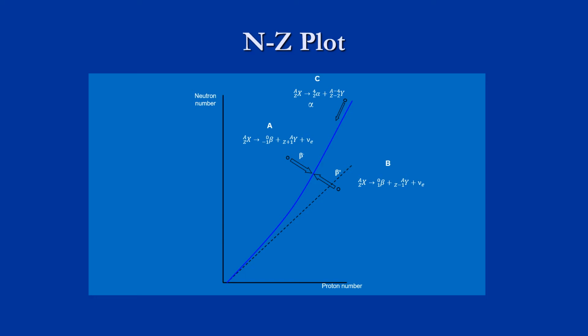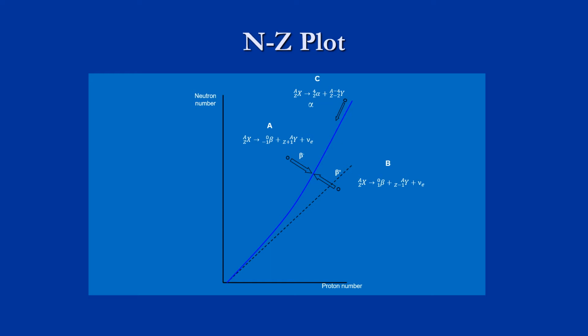For isotopes below the stability line, again, Z is less than 60, they tend to emit a beta plus particle, so a positron, and that's to get towards that line of stability.